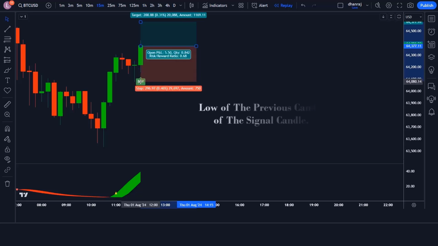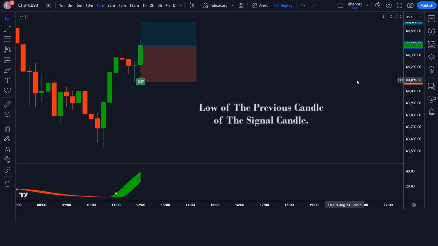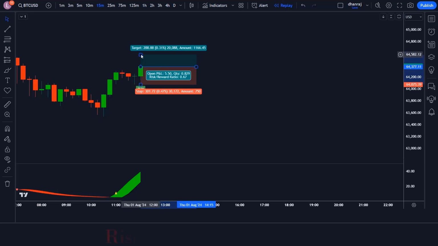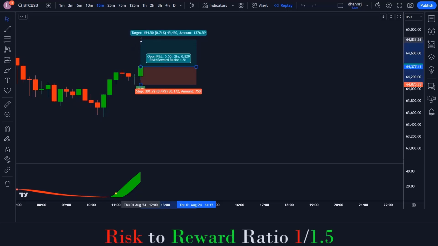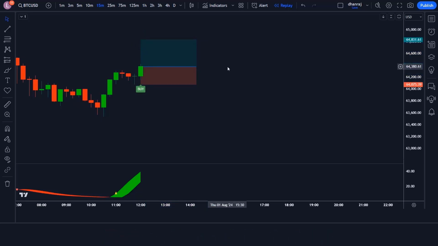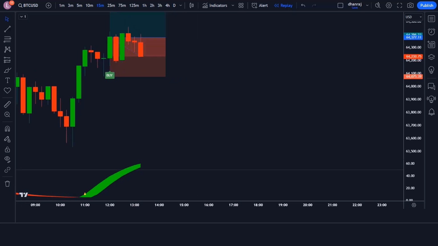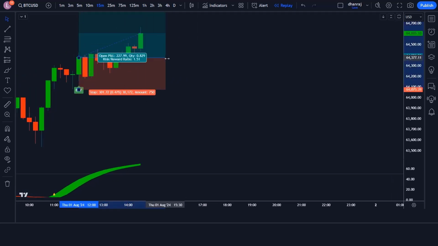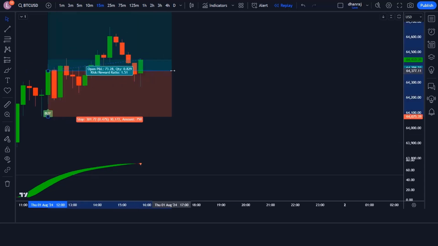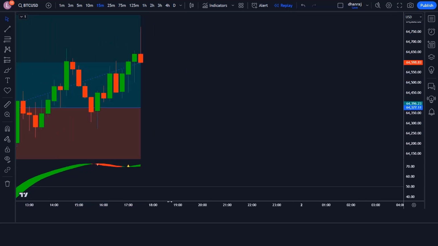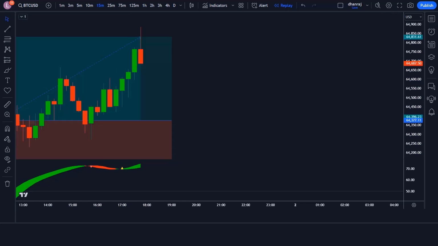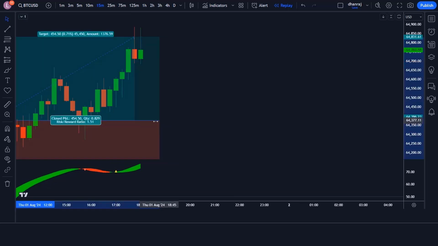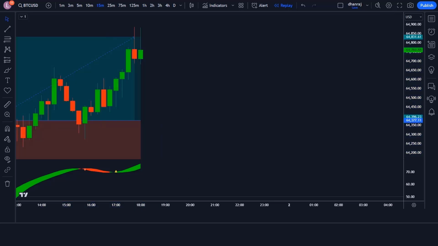Our stop loss is to be placed at the low of the previous candle of the signal candle, and the risk to reward ratio will be 1:1.5. Let's see what happens to our trade. Our trade is running in profit. We have won the trade. Let's find the next trade.